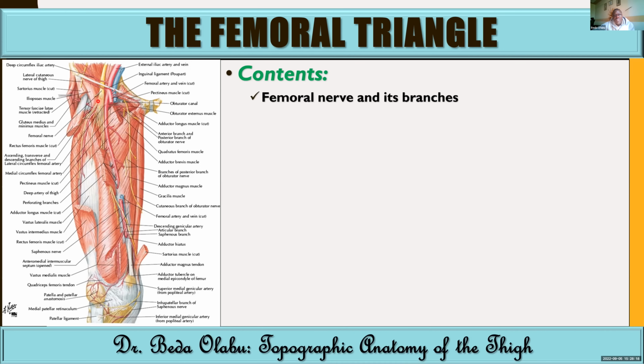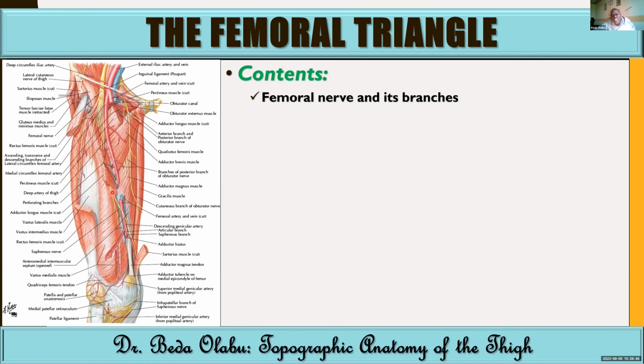A number of them are not named. A few of them are named. Among the ones which are named is this one, nerve to vastus medialis. It's a branch from the femoral nerve to go to the muscular anterior thigh. Apart from the muscular branches, there are several cutaneous branches, especially the ones we mentioned, the anterior, intermediate cutaneous nerve of the thigh and the middle cutaneous nerve of the thigh. They are still a branch of the femoral nerve.